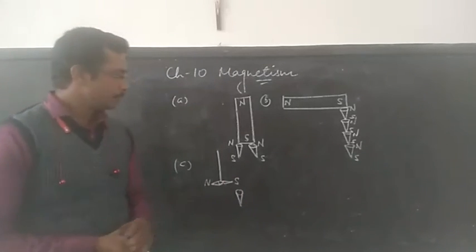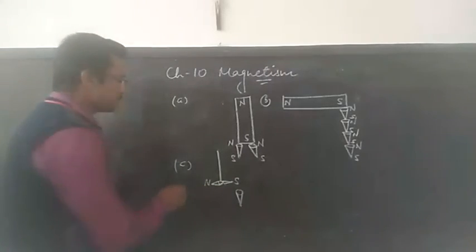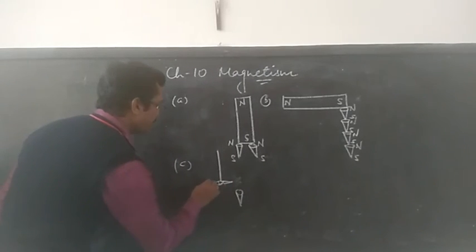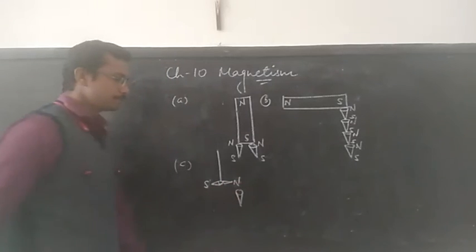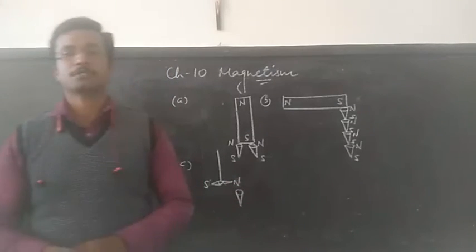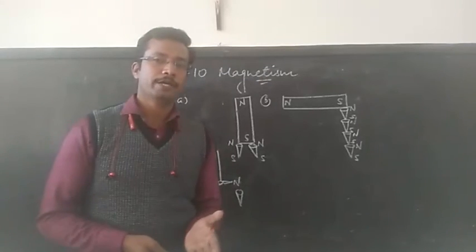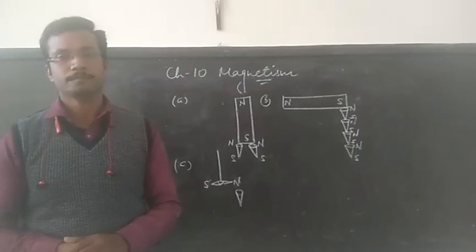Then it is found that the north pole is attracted towards the iron piece.